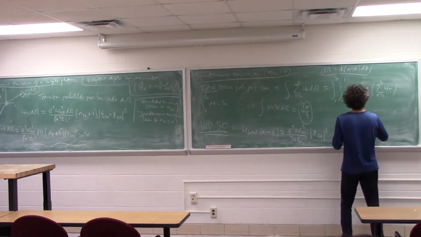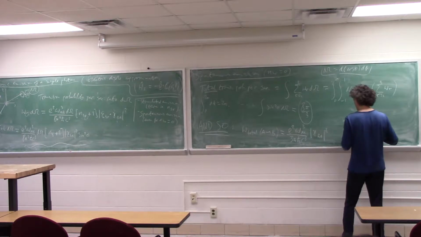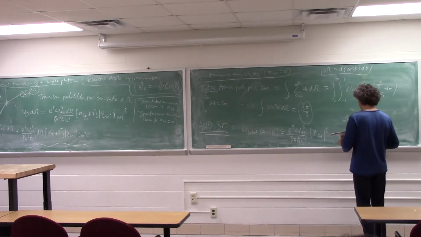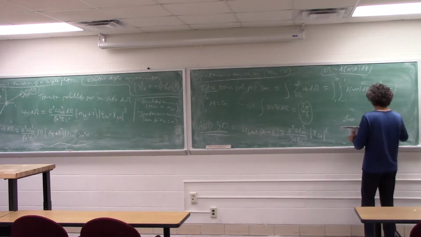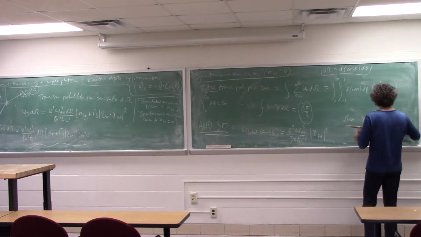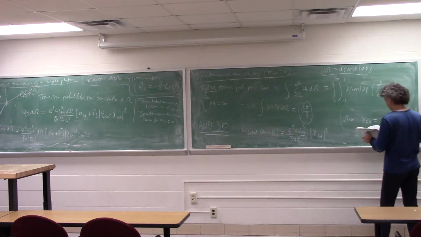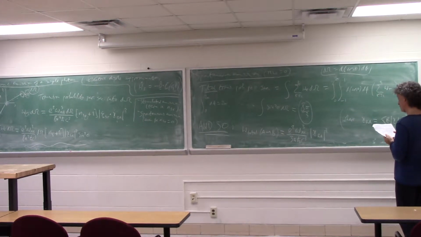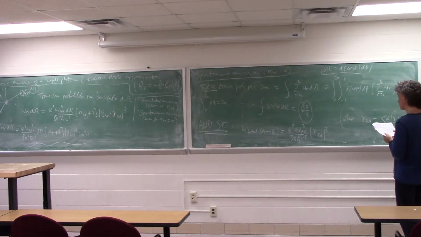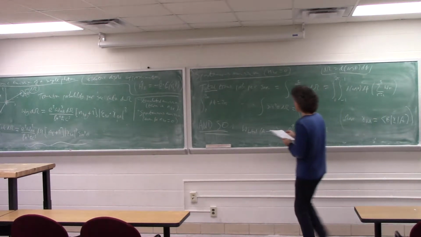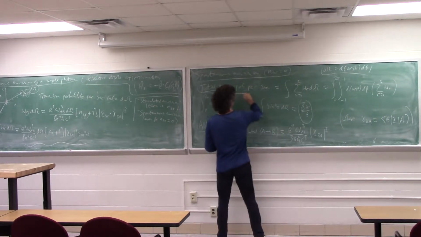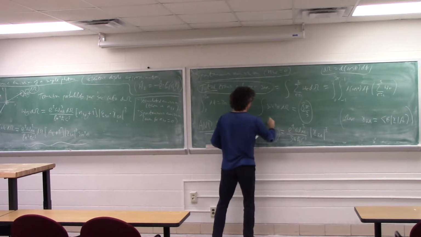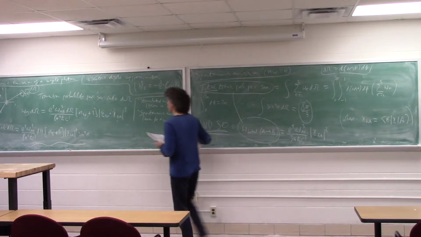Just to remind you where XBA is equal to B X A. So that is it. That is the total transition probability per second.